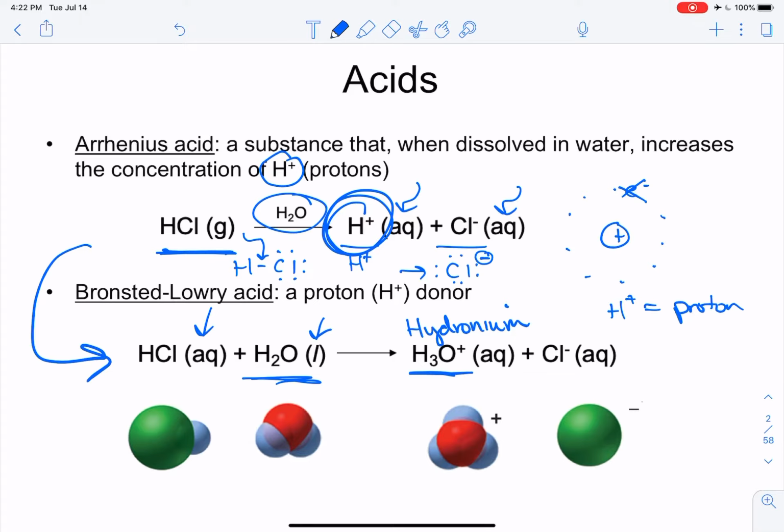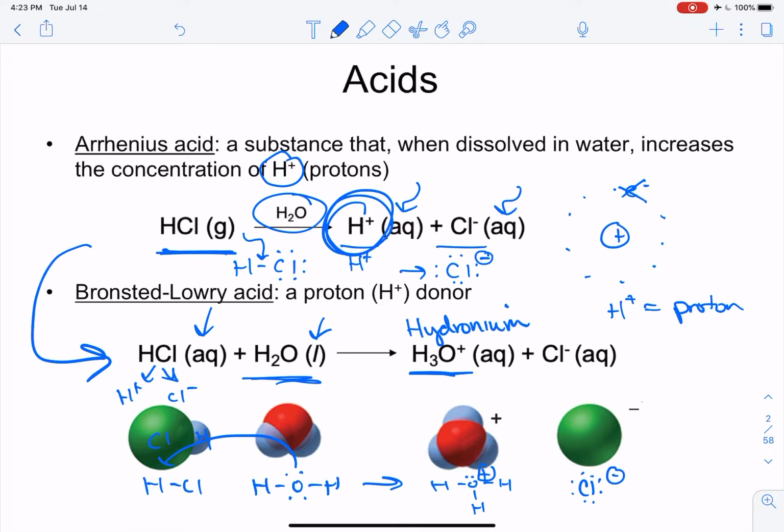So the HCl comes apart into H plus and Cl minus, and we can see that here. We've got the HCl, and we have HOH, which is H2O, and the electrons from the water are going to grab that H plus, and then what we get is H3O, and that has a plus charge, and then the chloride is left over, and that has a minus charge.